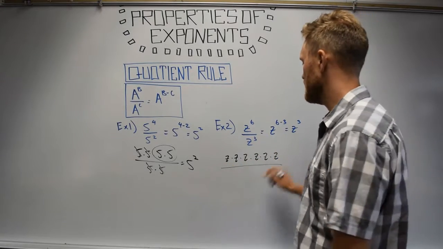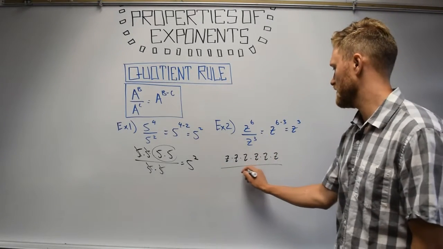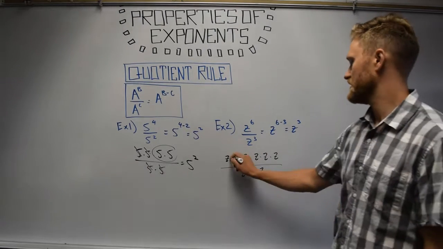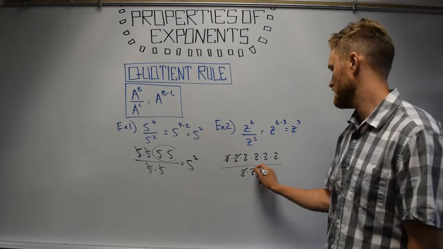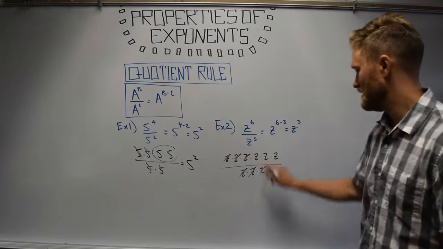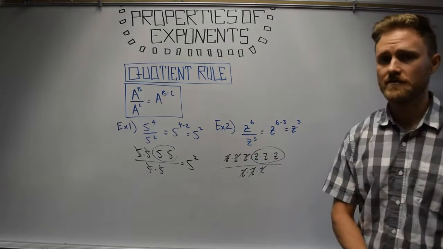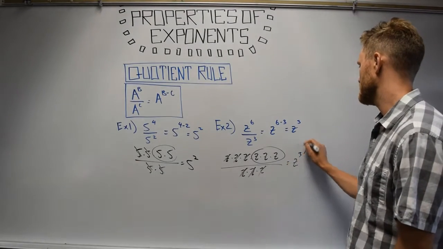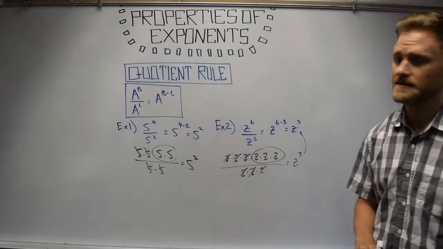Z to the 3rd is z multiplied by itself 3 times. So when I cross out the ones that I can get rid of, notice that I only have 3 z's on the top, which is z to the 3rd, which is the same thing I got using the formula.